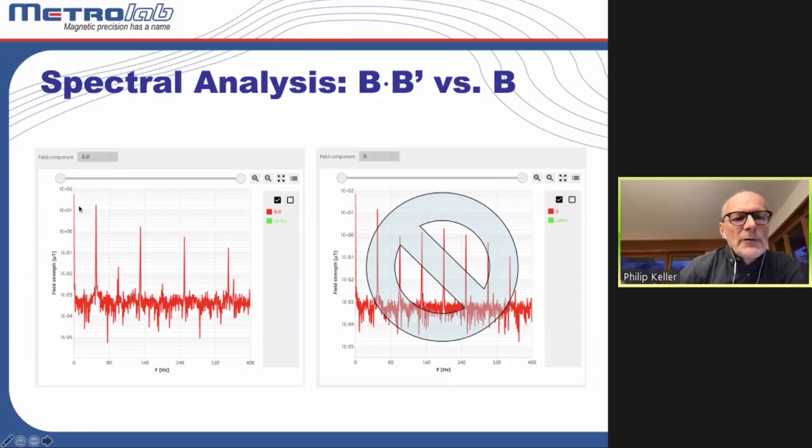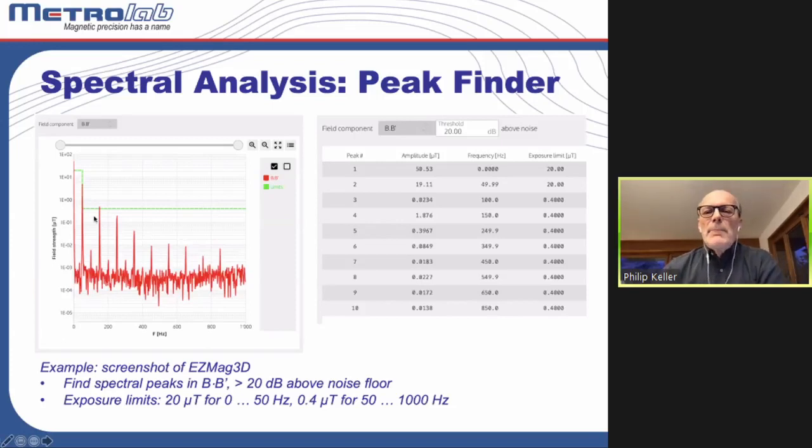Now, instead of looking at a plot like this and saying, okay, on this log scale, the amplitude of this peak is about so much, you can do that automatically, and you can have it look at the frequencies for you. So here are the frequencies of the peaks that it's finding at 0, 50, 100, 150, 250. In other words, all the odd harmonics.